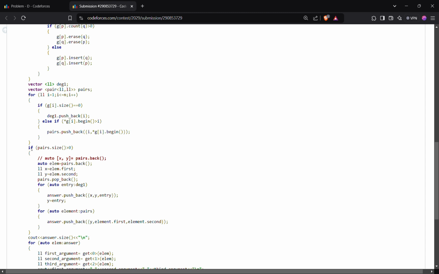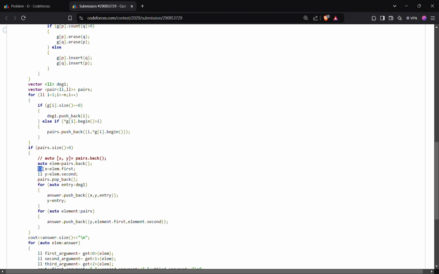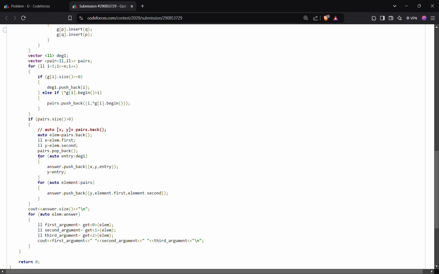If pairs dot size is greater than 0, I'm selecting any element, pairs dot back, simply one pair x and y, making them a base, then popping them, so we don't have to merge them into themselves, right? So it is a base.